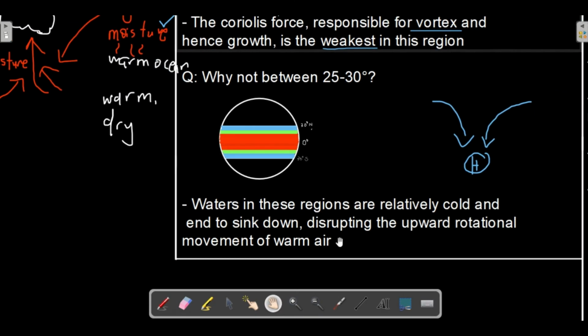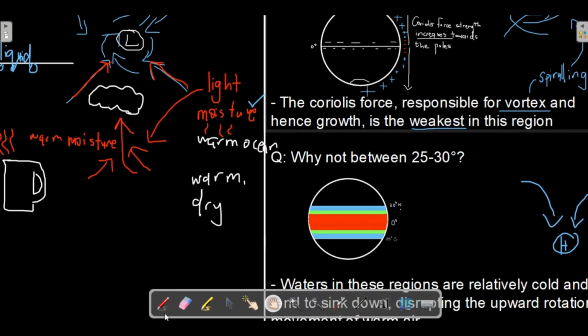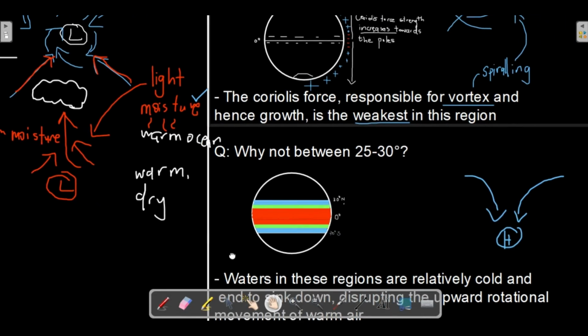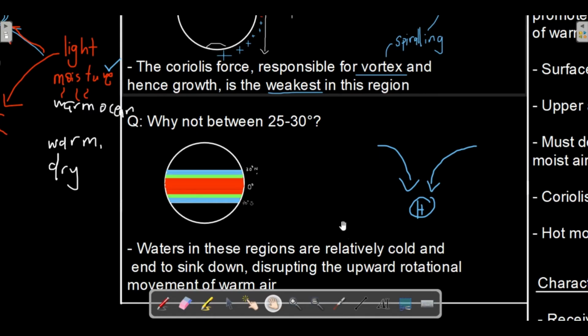Remember, as more warm air rises up, guys, the pressure becomes lower and lower, and the system becomes stronger and stronger. But once you have cold air entering the system, you are increasing the pressure, and hence the tropical cyclone is weakening.